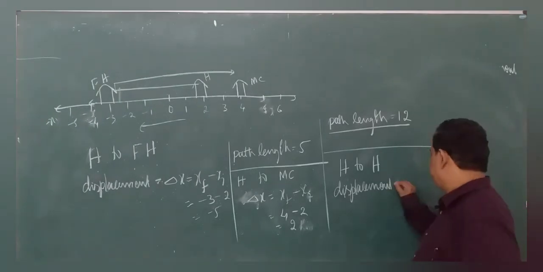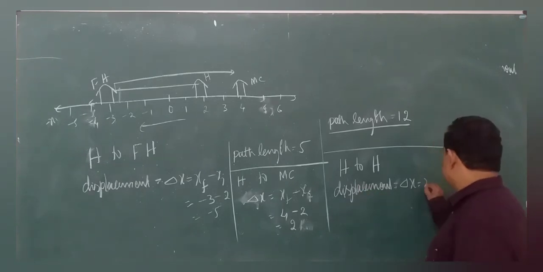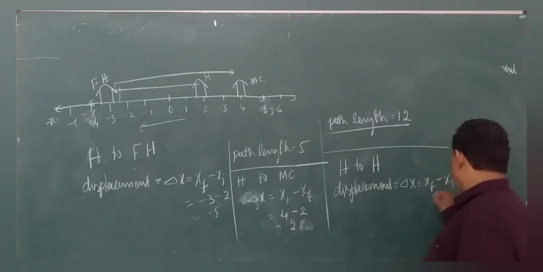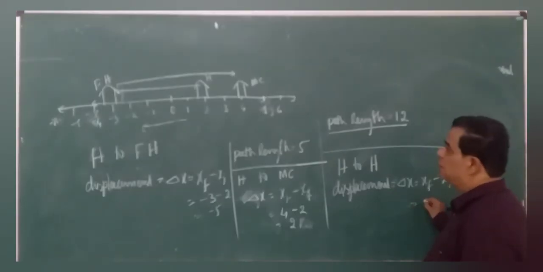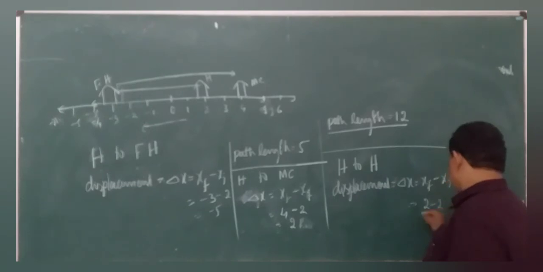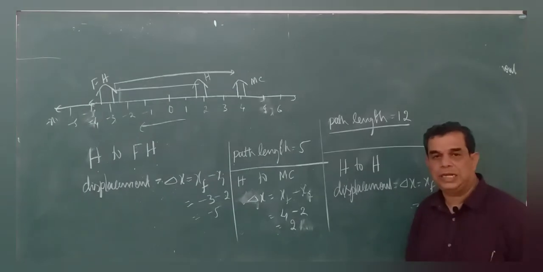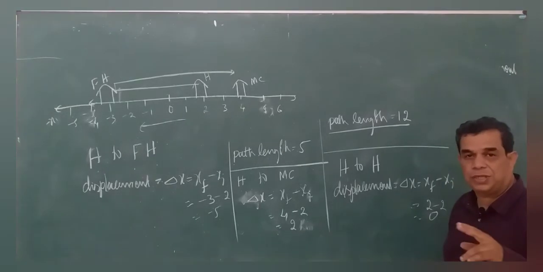What is the displacement for that? Final position minus initial position, XF minus XI. What is your final position? Final position, house itself, so it is 2. And initial position, again house, 2. So it is 0. Observe, displacement is now 0 because initial and final positions are the same.